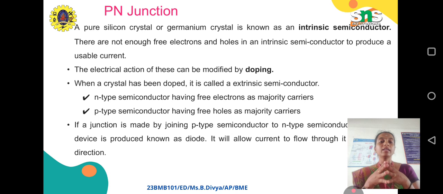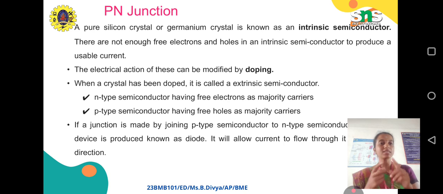The electrical behavior of these can be modified by doping. Adding an impurity to a pure form of semiconductor is called doping. It is a procedure of adding an impurity. When a crystal has been doped, it is called an extrinsic semiconductor.